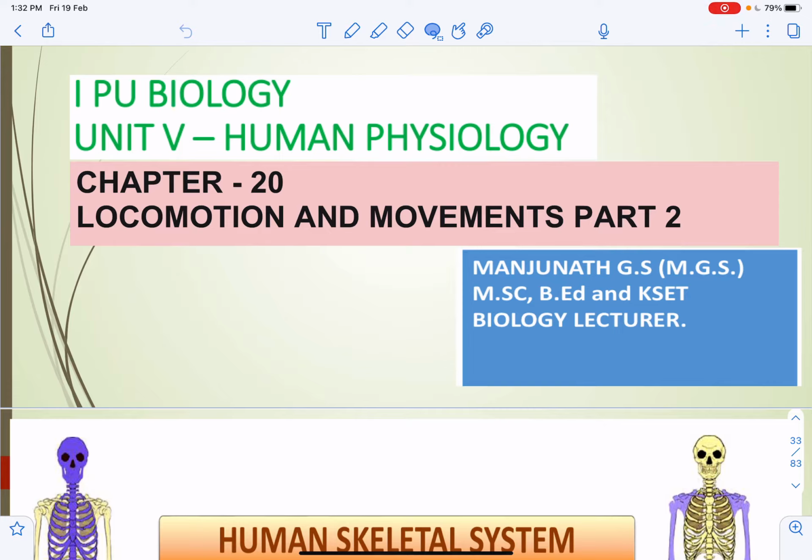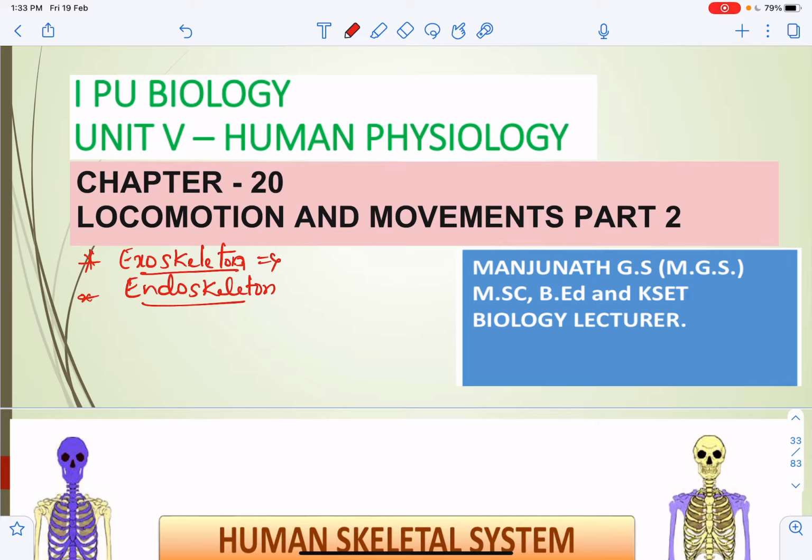Here the very important thing is that we have two types of skeletal system. One is the exoskeleton, and the other one is the endoskeleton. The exoskeleton varies from organism to organism, and in lower organisms it is made up of different structures.